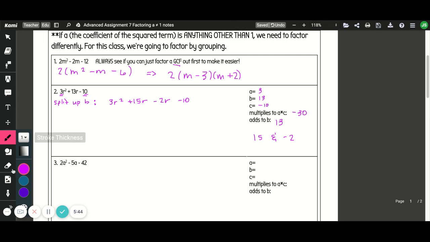The next step is that we are going to group. So I am going to group the first 2 together and the second 2 together.